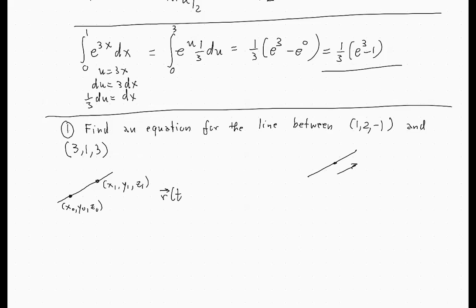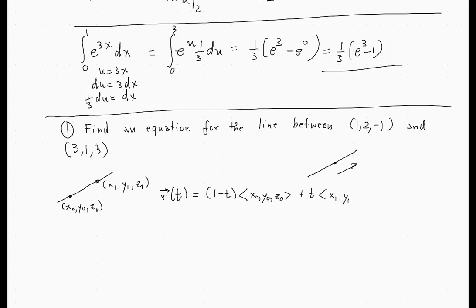It's (1 - t) times the vectorization of the first point. When I say vectorization, I mean that you turn the point into a vector with the same coordinates, plus t times (x1, y1, z1). It's a very good idea to know this formula.